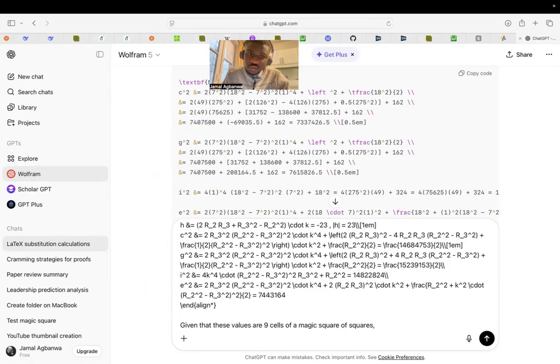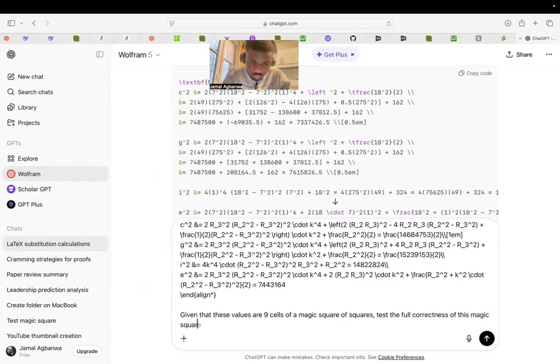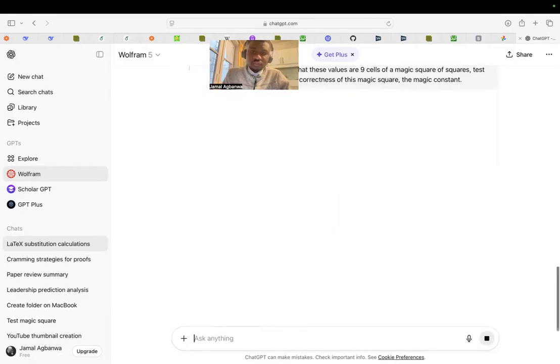My approach will lead to special types of solutions. Let's see what it says.